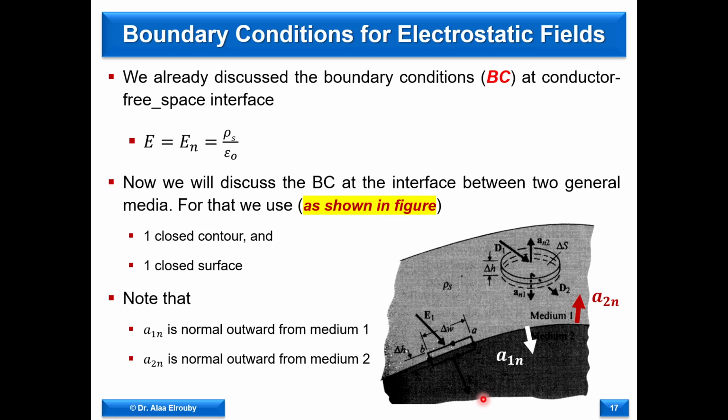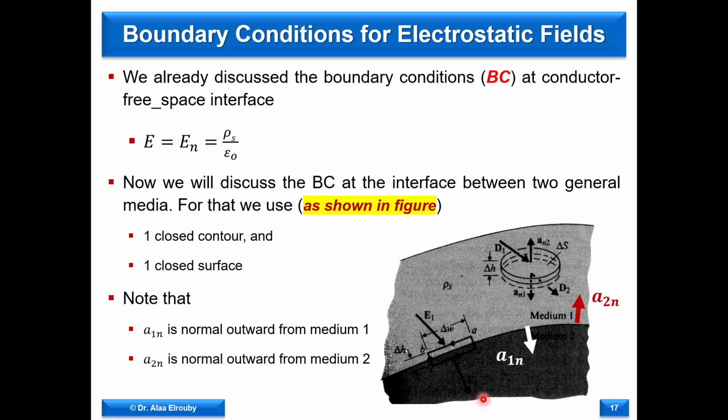Okay, we talked before about the boundary condition of the electric field on the interface between air and conductor. So now we're going to talk about the boundary condition at the interface between two media, two dielectrics.